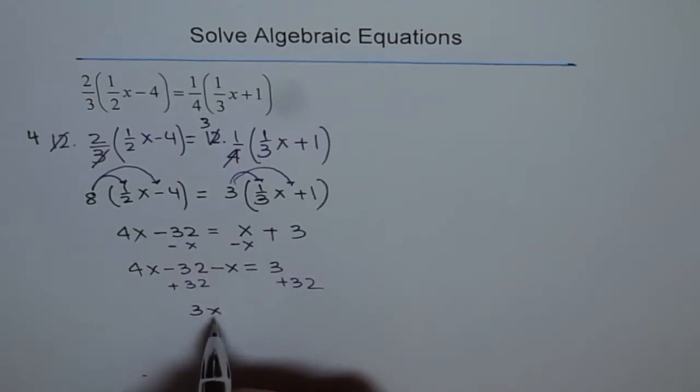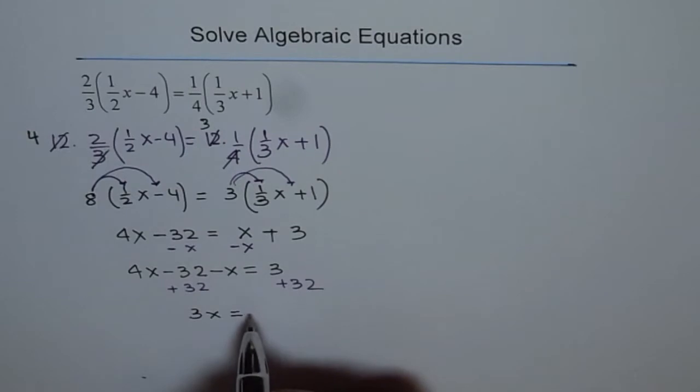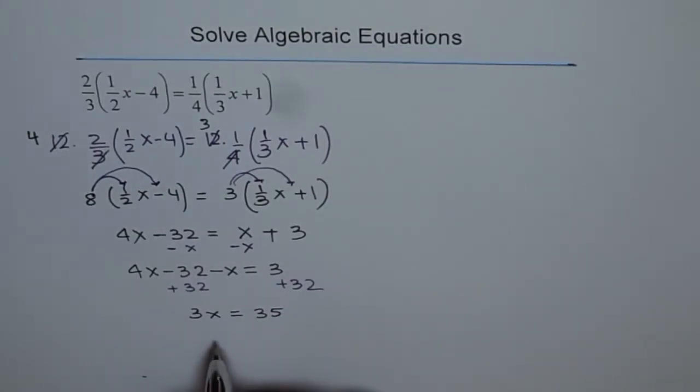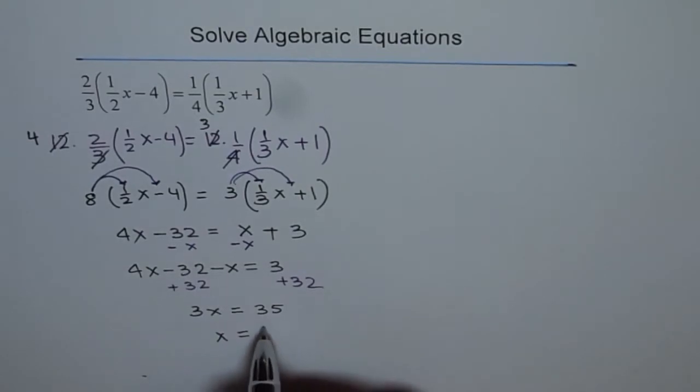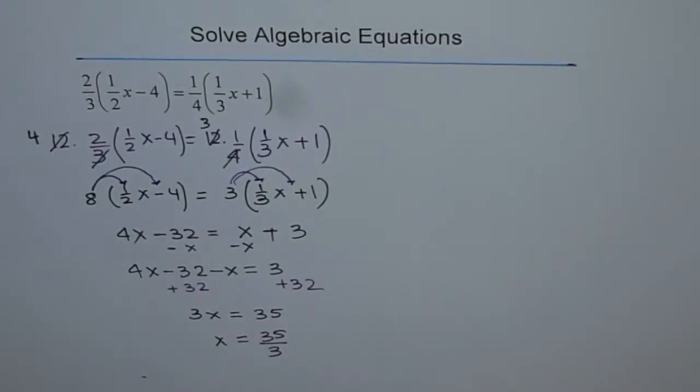We get 3x equals to 3 plus 32, which is 35. And now we can divide by 3 and we get x equals to 35 divided by 3. So that is the solution of the given algebraic equation, right? So that is how it is to be done.